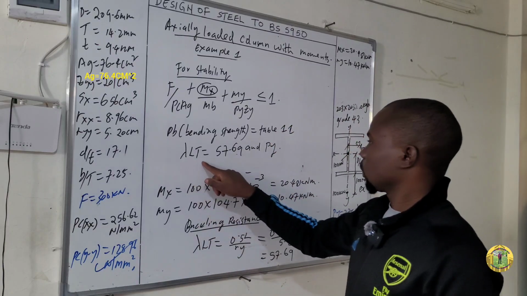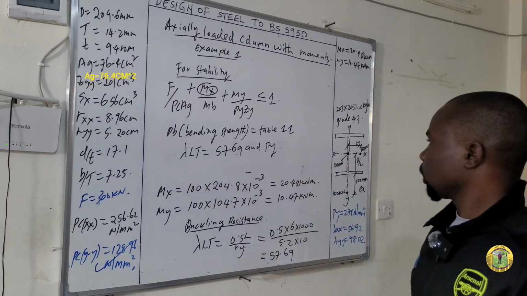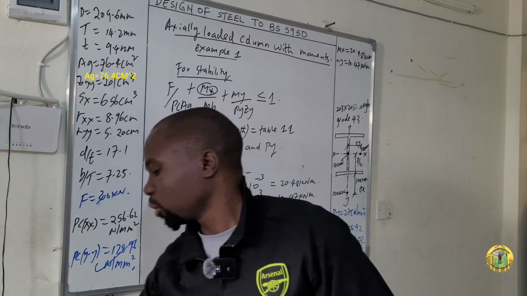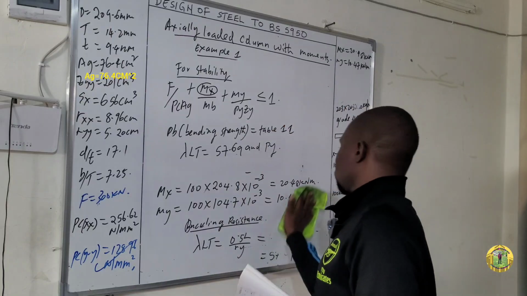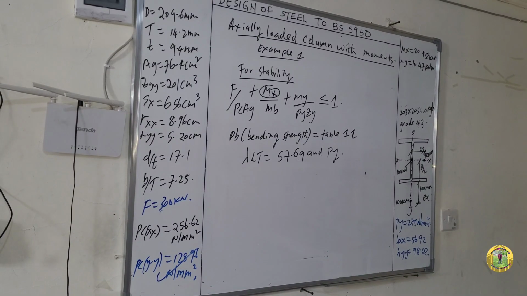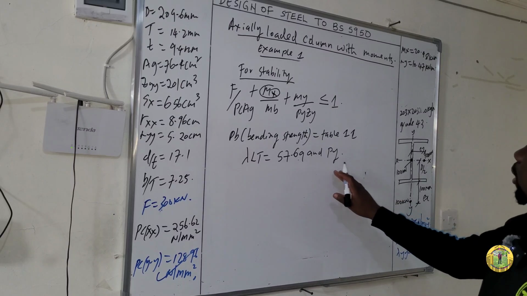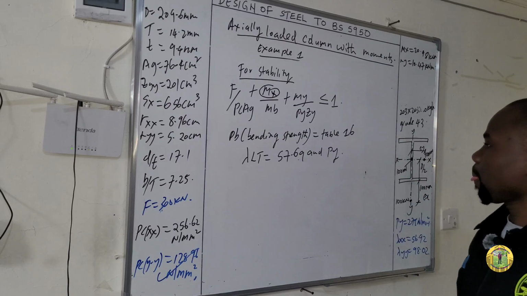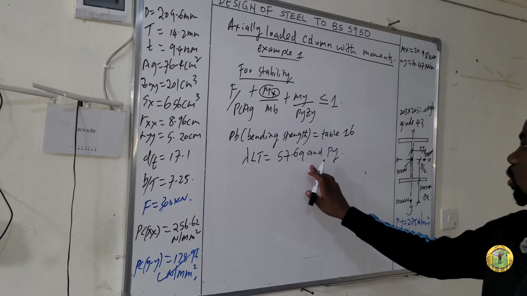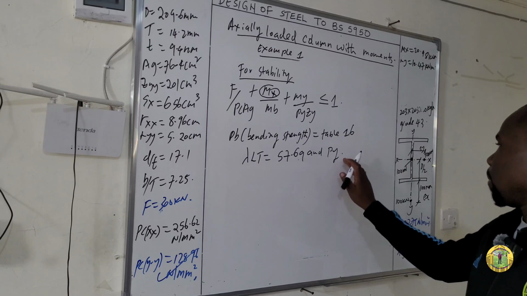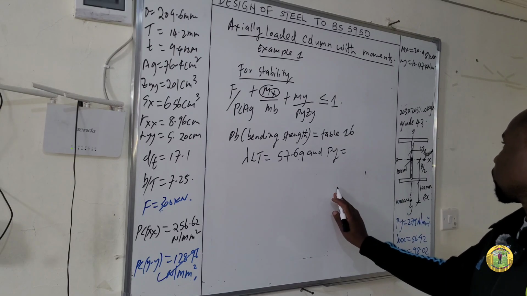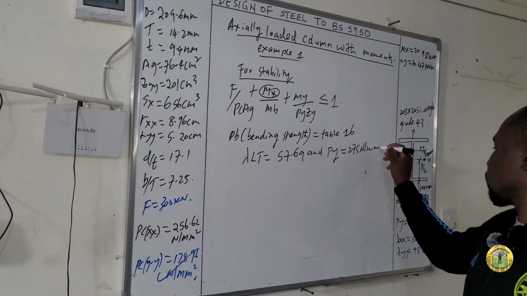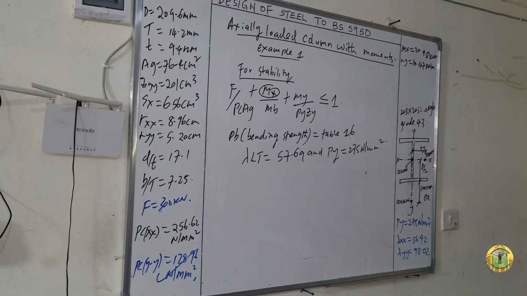So you'll need this and py so that you can obtain the bending strength, which is PB. So for us to calculate the PB, which is the bending stress, as I have said, we'll use table 11. Of course, it's not 11, but table 16. And we need this value, which is 57.69, and py, which is the strength of this steel, which is 275 Newton per millimeter square. So I will show you the table.